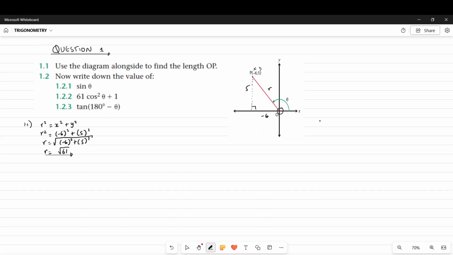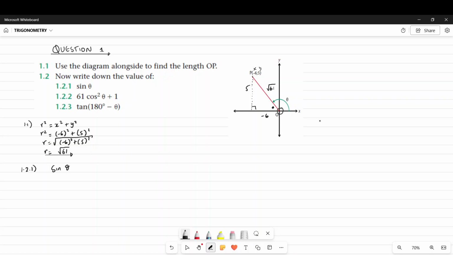Now they say write down the value of sine theta. That's for 1.2.1. According to our triangle, we already know R is square root 61. We'll use this angle here as our reference.